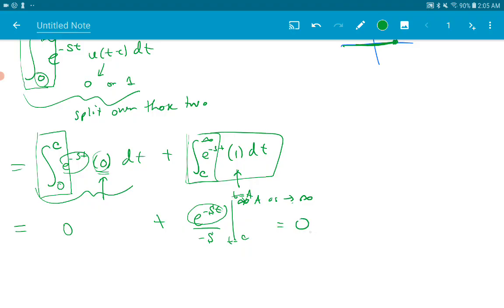So this will be 0 as a goes to infinity, minus, if I plug in c for t, e to the negative cs over negative s, right? We have this negative in the bottom here. And of course the two negatives cancel, and I'm left with e to the negative cs over s.